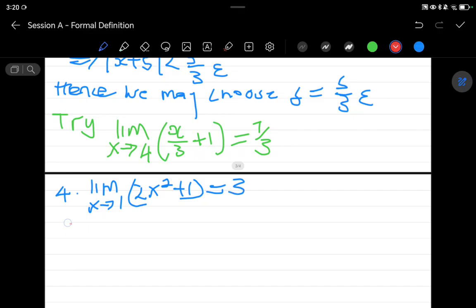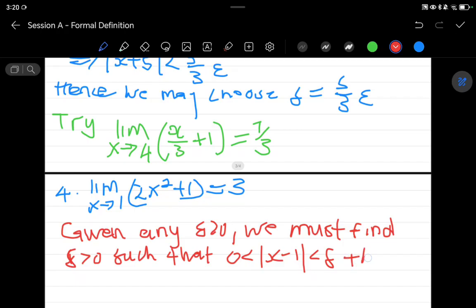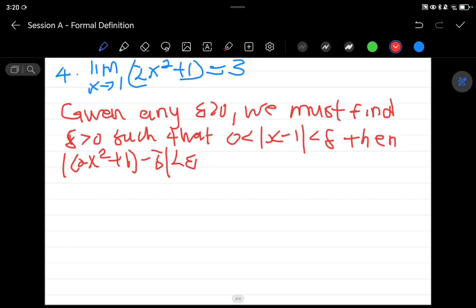Same thing, for us to solve this, we write: given any epsilon greater than 0, we must find delta greater than 0 such that the absolute value of x minus 1, I take this one to the other side, becomes negative, is less than delta, then the absolute value of 2x squared plus 1 minus 3 is less than epsilon. You see, right?